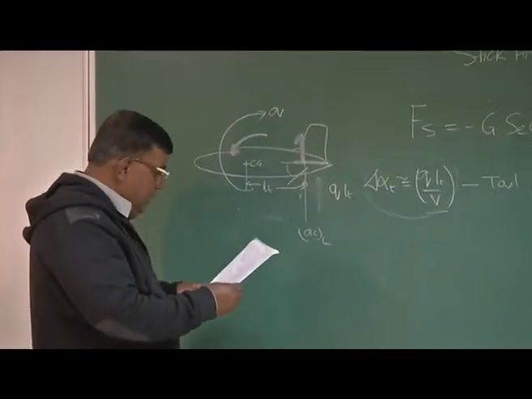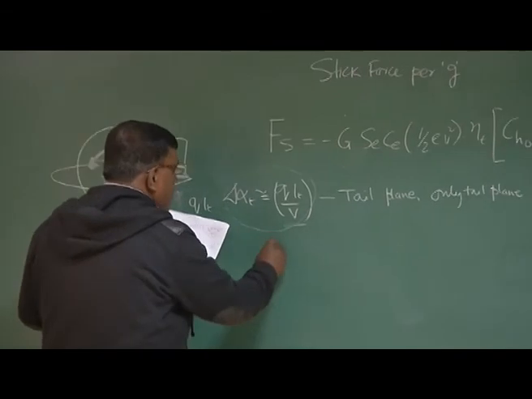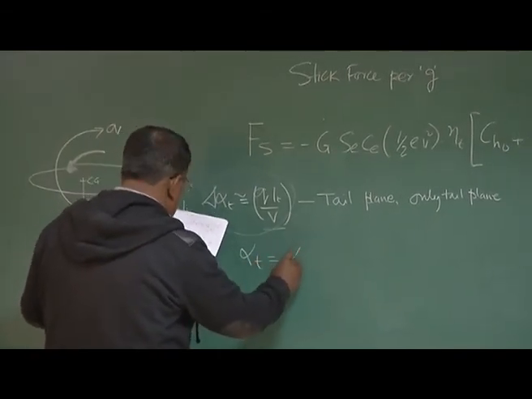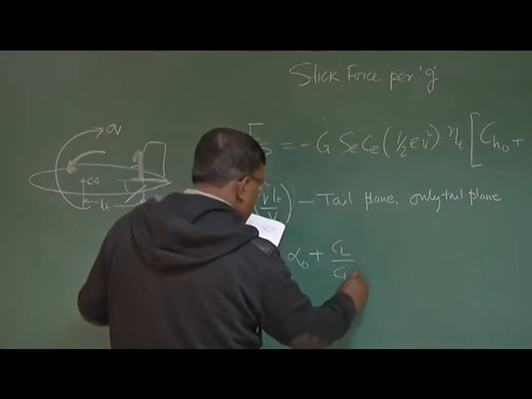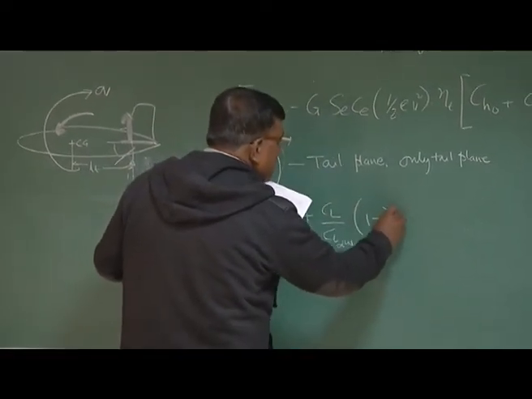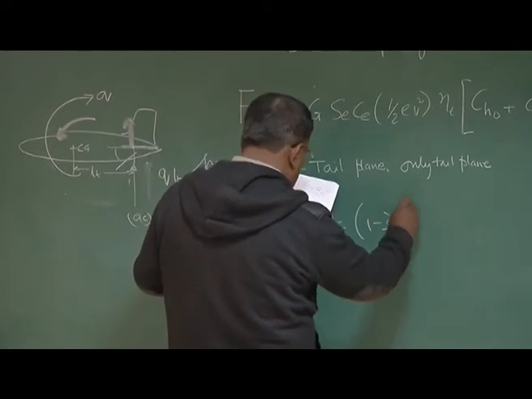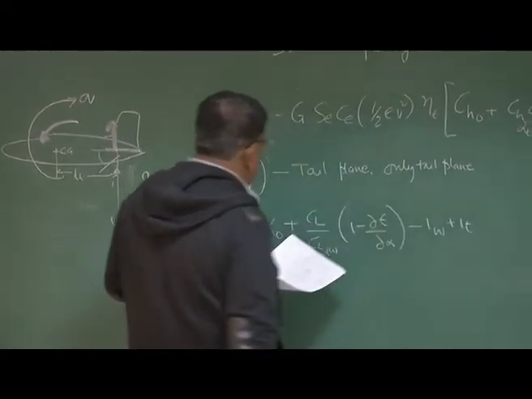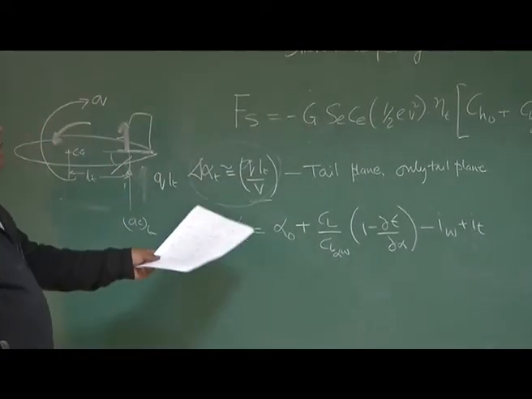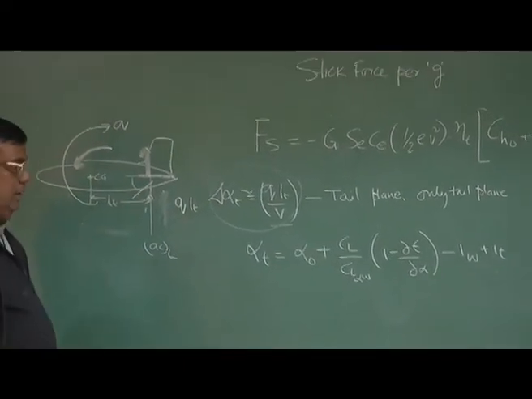So what is happening now? Alpha t, I will write as alpha naught. Remember, this was CL by CL alpha wing times 1 minus d epsilon by d alpha minus IW plus IT. Right? This was for level flight.